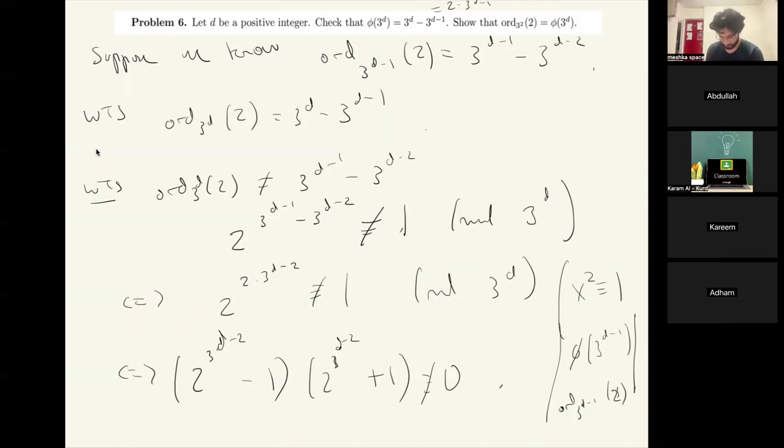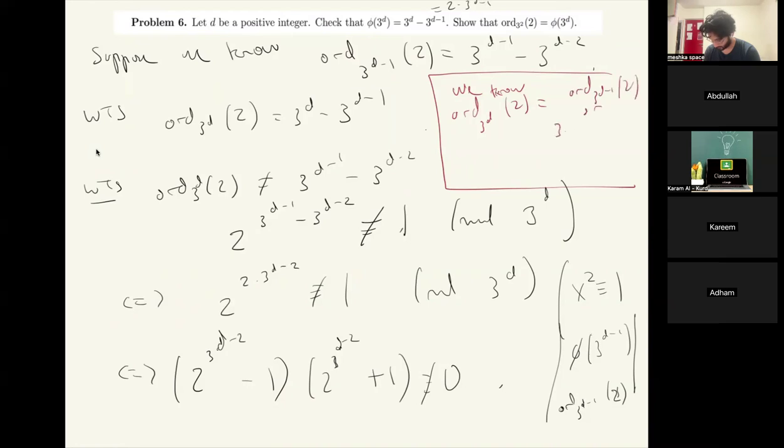Great. Yeah. I think it's a very good summary. So we know that the order mod 3 to the d is equal to either this or 3 times it. And now we want to show that they're not equal, right? So this is what we're trying to do.